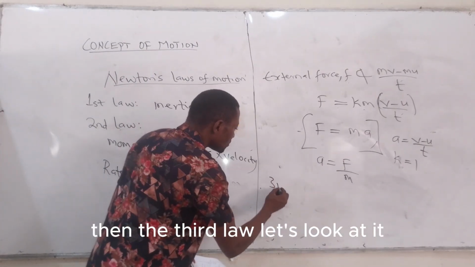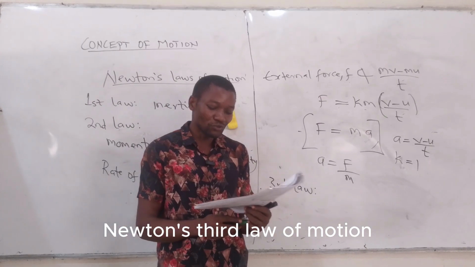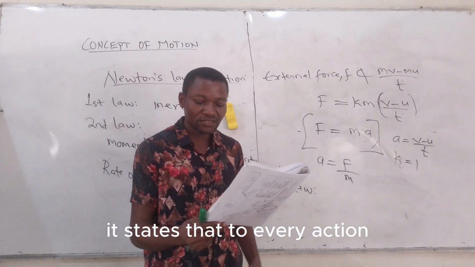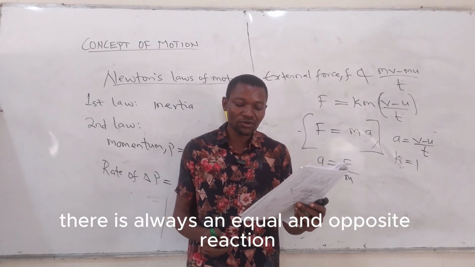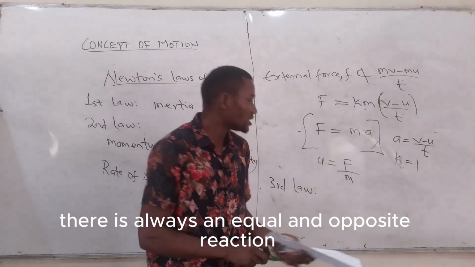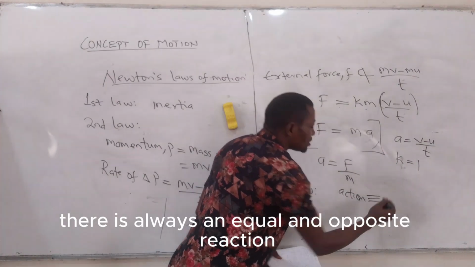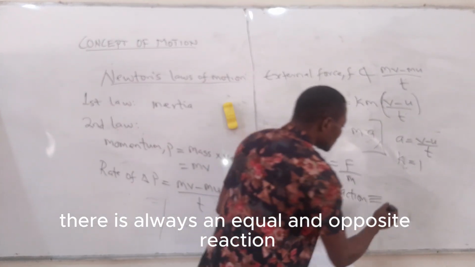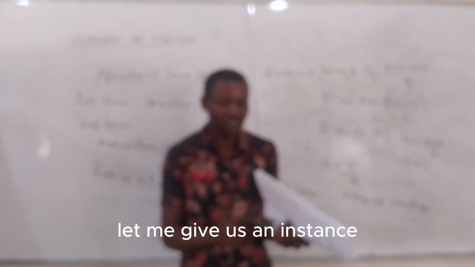Then the third law, let's look at it. Newton's third law of motion states that to every action, there is always an equal and opposite reaction. Let me give us an instance.